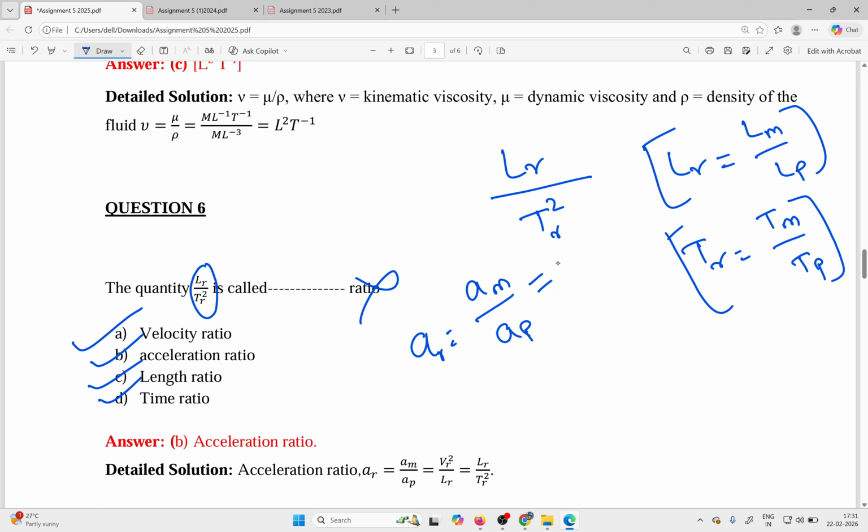Now you can write this acceleration in terms of velocity. Let me explain a little bit more for other students. Your acceleration is model velocity divided by time of the model, over prototype velocity divided by time of the prototype. So you can write like that.